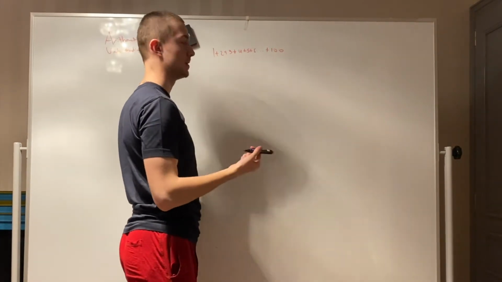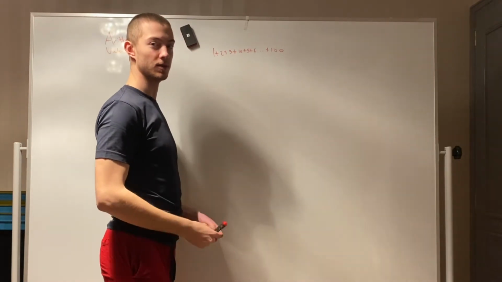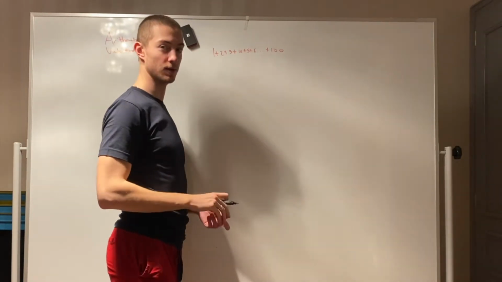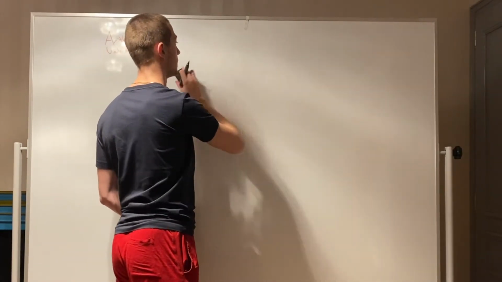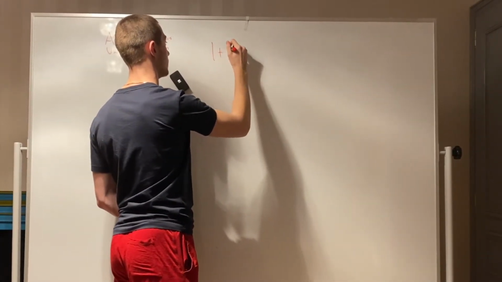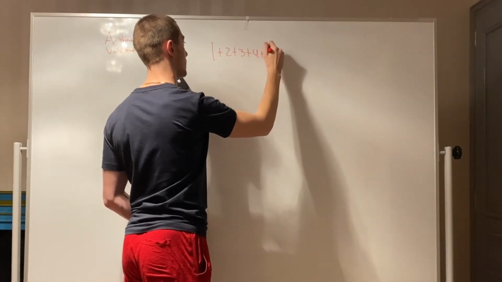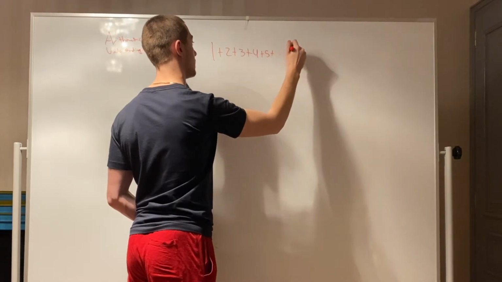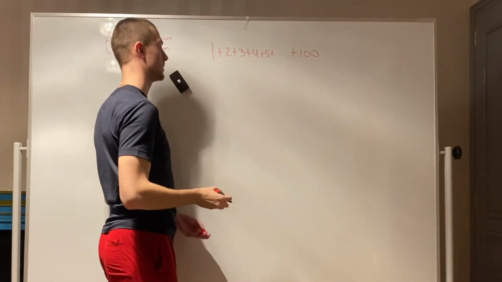According to the legend, Gauss was able to figure out how to calculate this instantly without even knowing the formula for arithmetic sums. Okay, so we have our arithmetic series here.